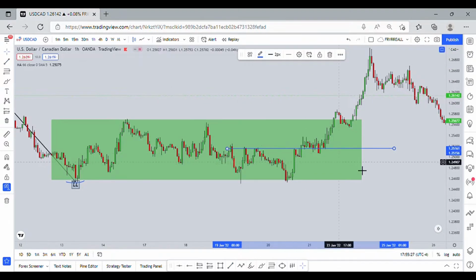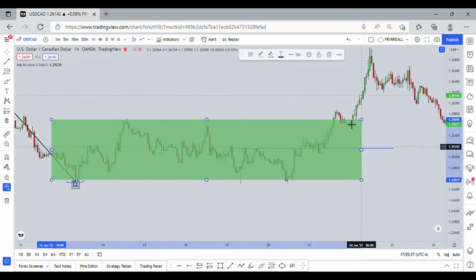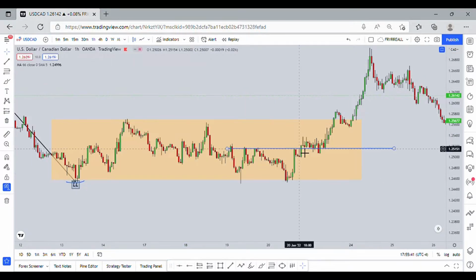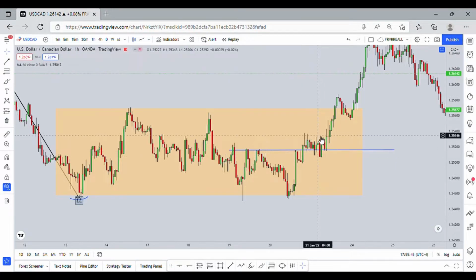Here this high gets broken by an impulsive uptrend move, and we do form a higher high.